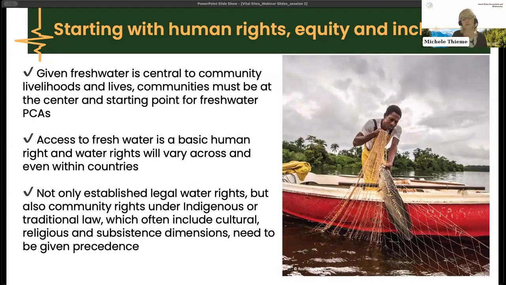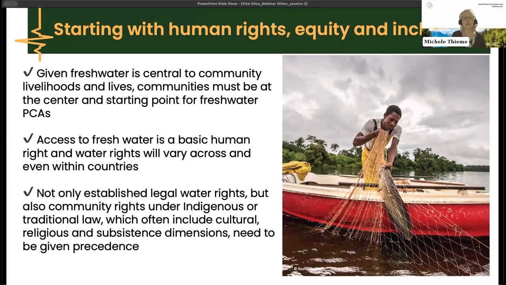The report also has a very large focus on human rights, equity, and inclusion. We make the case that communities need to be at the center of all of the discussions around freshwater protected and conserved areas. And we know that access to freshwater is a basic human right, but that water rights vary tremendously across regions, across countries, even within a single country.